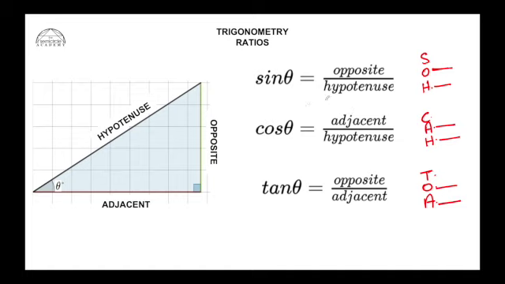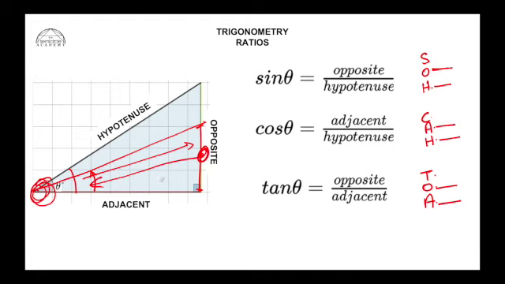Now let's just see what these ratios are about. Remember, we're dealing with this angle here and the relationship of the sides. Remember we were talking about how this angle determines how long the opposite side is? If it was a smaller angle, then the opposite side would be shorter. So the opposite side has some relation to the angle, right?